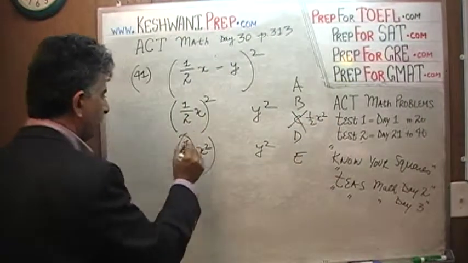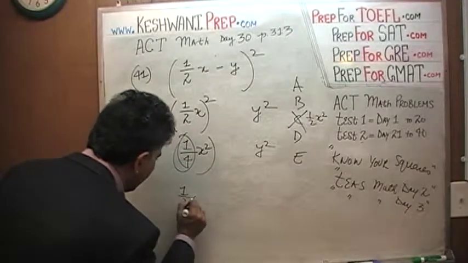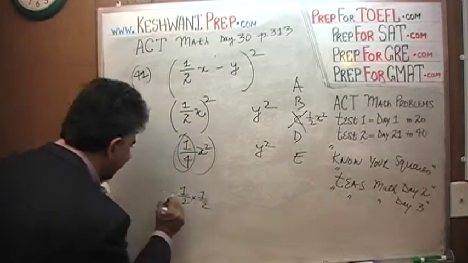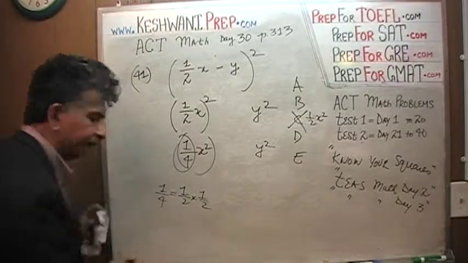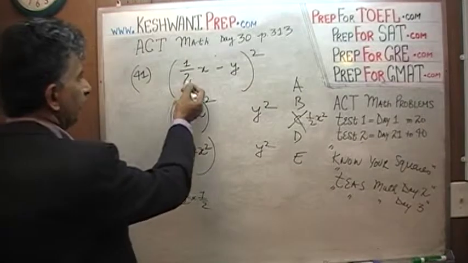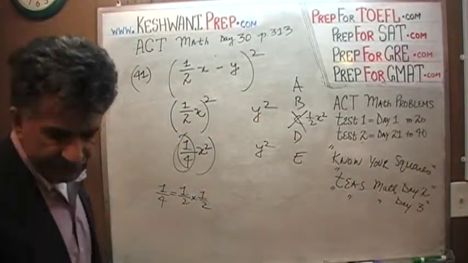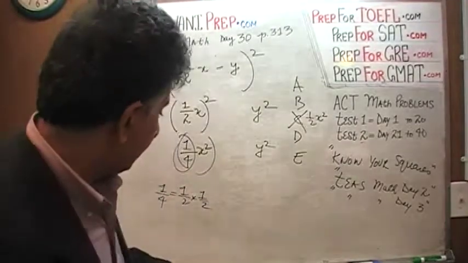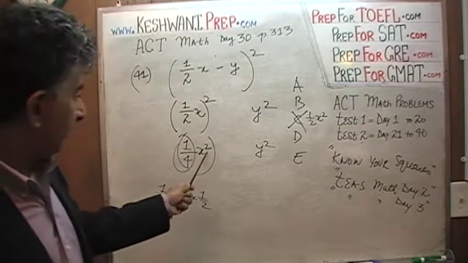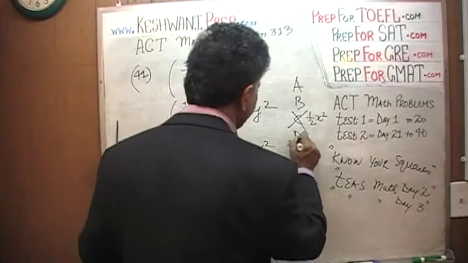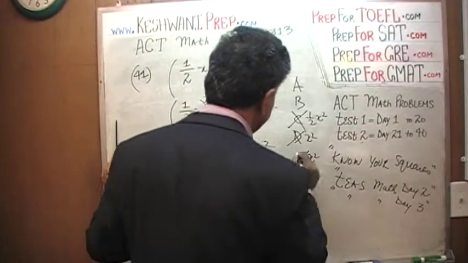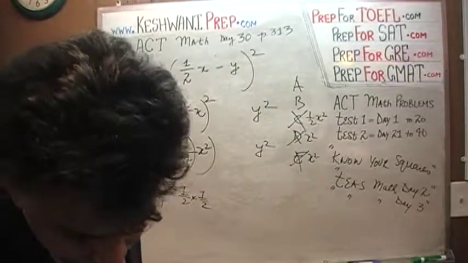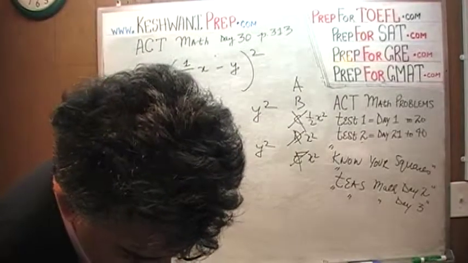It has to have 1/4 x squared because 1/2 times 1/2 is 1/4, since we have 1/2 squared. D is not the right answer because D doesn't have 1/4 x squared. It only has x squared. And similarly with E. The answer is either A or B.